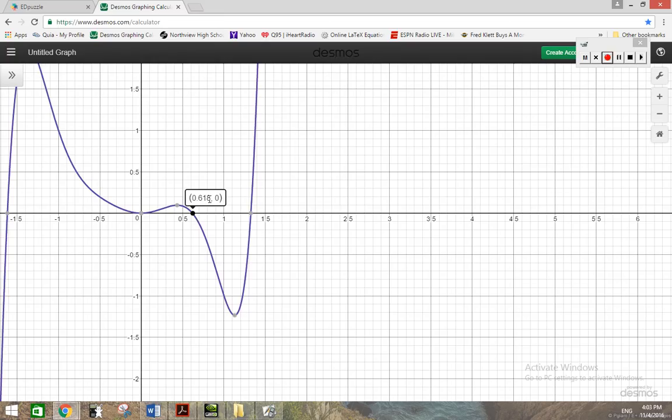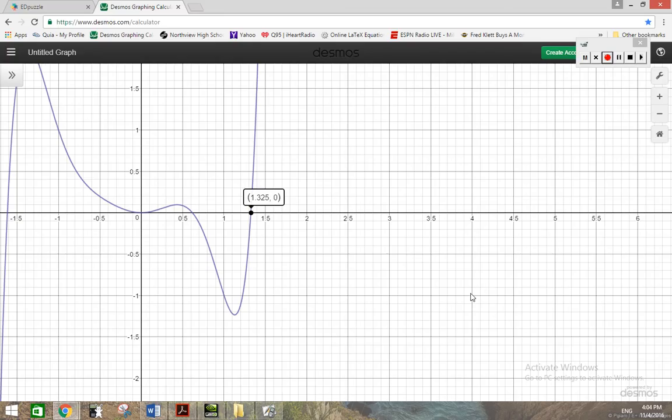That's just been rounded to 3 decimals. Same over here. I believe that this 1.325 is an irrational number that has just been rounded to 3 decimals. Because remember, in our list, it would have been -1 or +1 as the x-intercept. So that's as far as we can go for that problem.